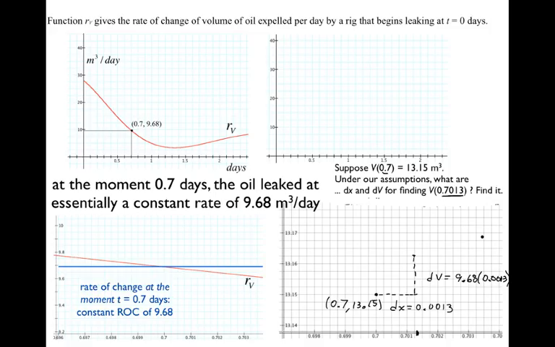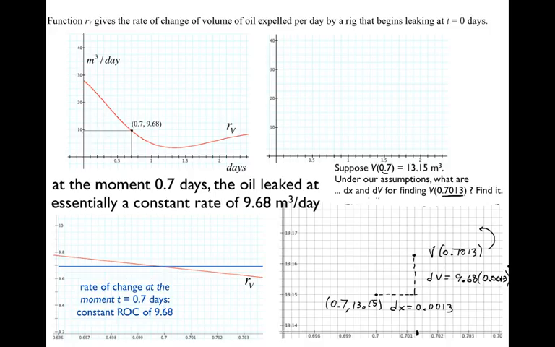And now we want V of 0.7013, which will be the y coordinate of that point. And how will we get that? We've seen this before, right? This is like a y final.